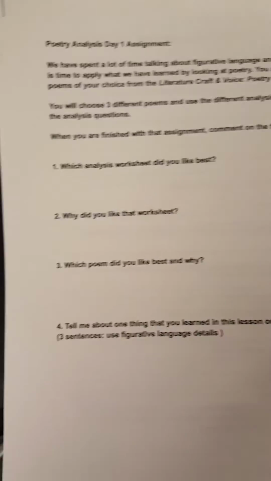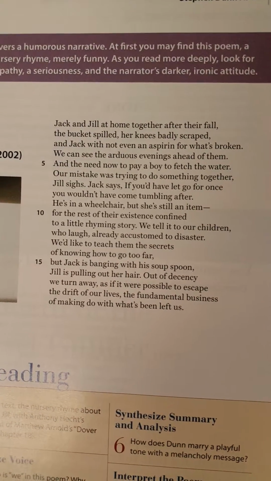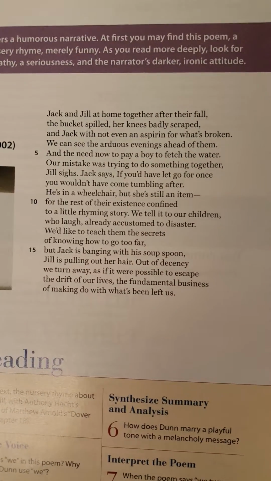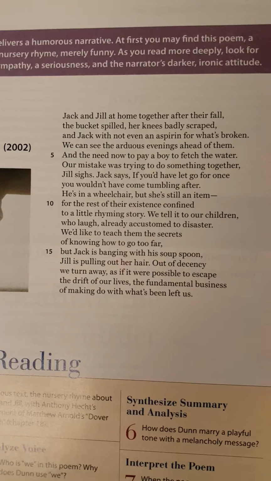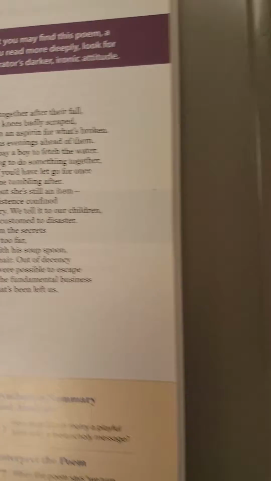All right, so having talked about the poem, we understand and look at it, and we see that, of course, it's kind of an after story of the Jack and Jill nursery rhyme and how things went terribly wrong, right?